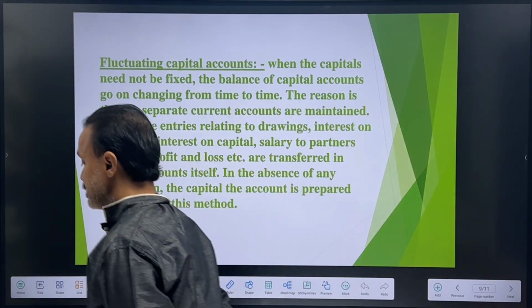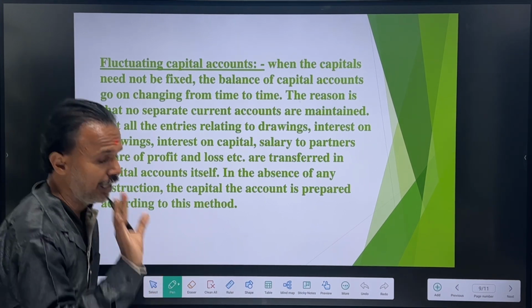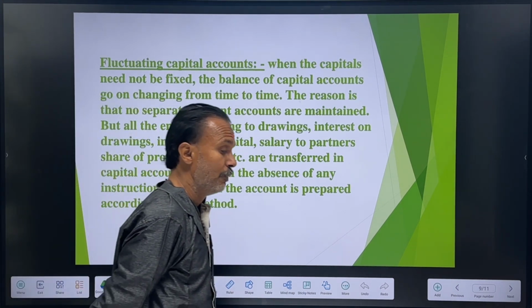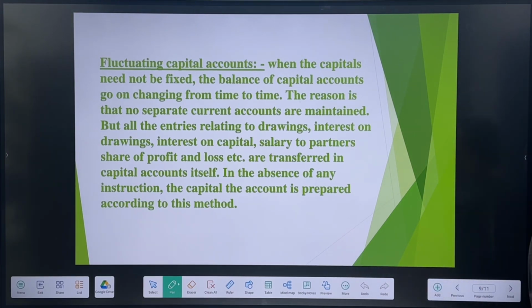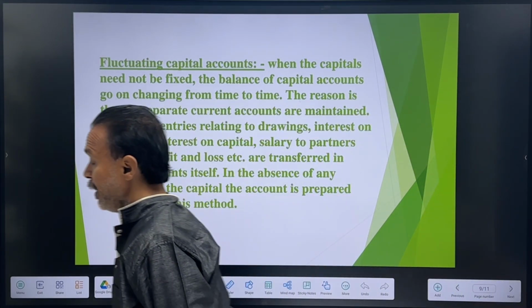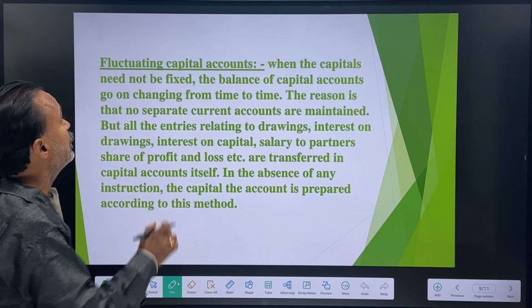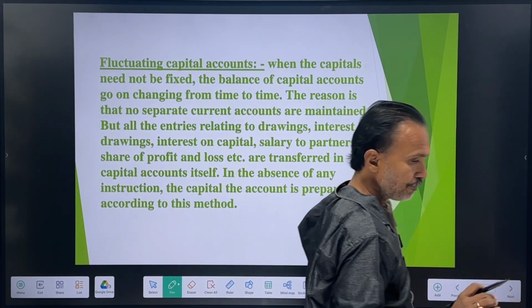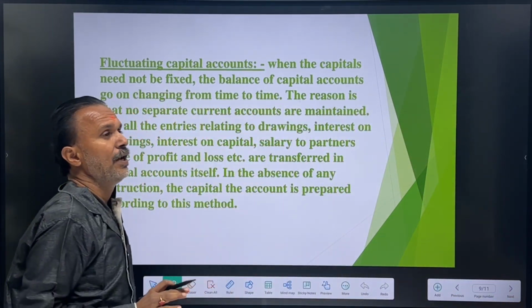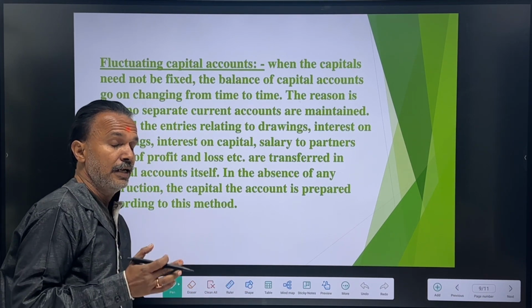In other words, when the capital accounts of partners are fixed, we prepare two accounts. The first account is called partners capital account and the second account is called partners current account. But when the capital accounts of partners are fluctuating, we prepare only one account and that account is called partners capital account. Fluctuating capital account is similar to the partners current account.